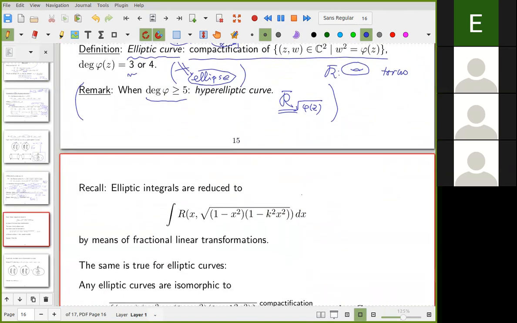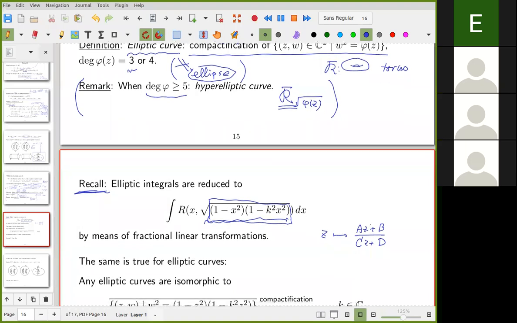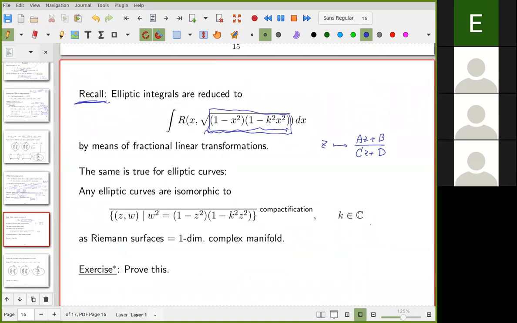And moreover, when we classified elliptic integrals, we reduced the polynomial phi into this form by using fractional linear transformations many times. Actually, the same is true for elliptic curves.